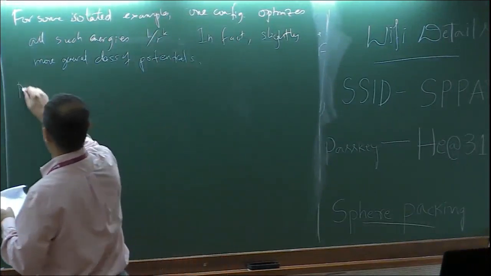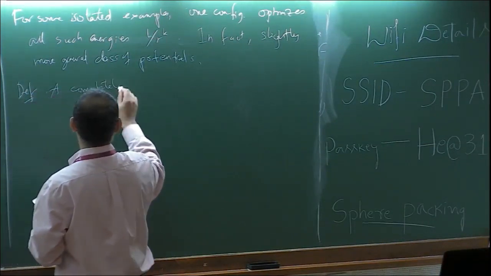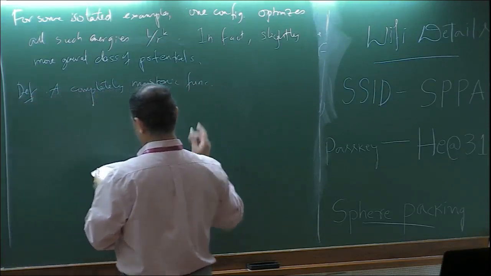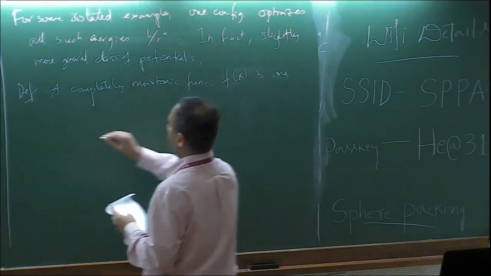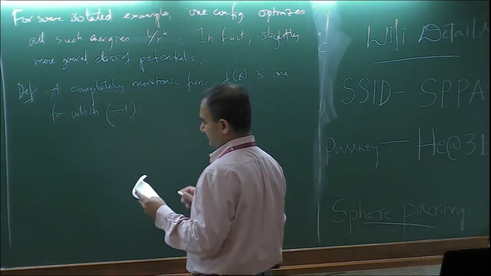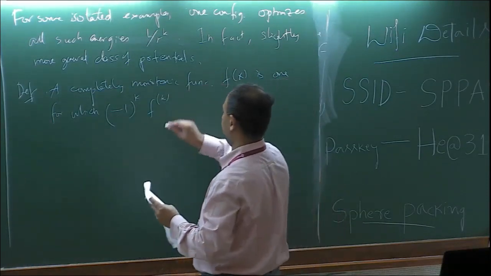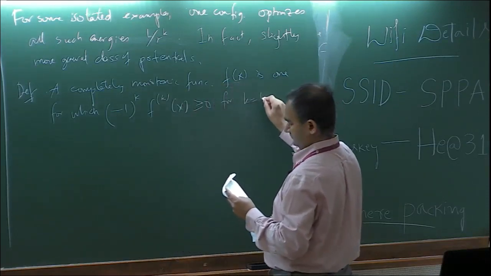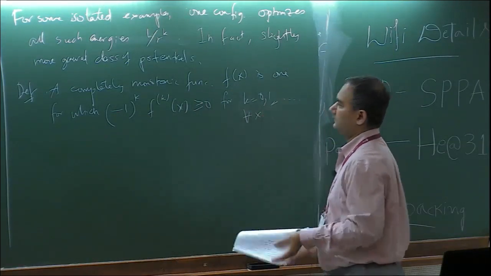So, definition: a completely monotonic function f of x is one for which, for every k, the kth derivative alternates in sign, for all x in the domain.